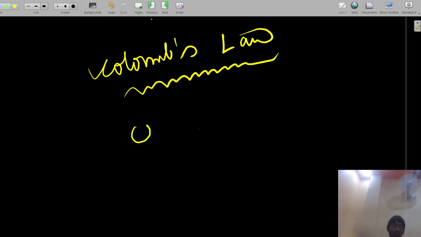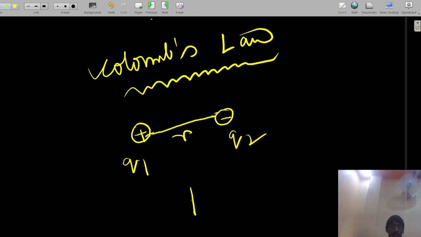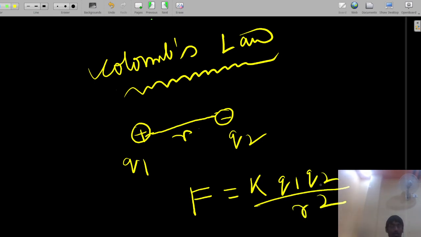If there are any two charges, Q1 and Q2, either positive or negative, placed at a distance r, the force between them is given by F equal to K Q1 Q2 by r square, and the unit of force is Newton.